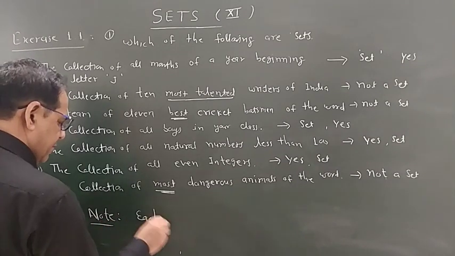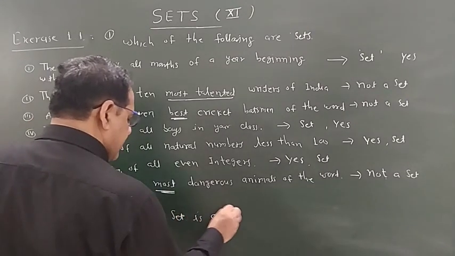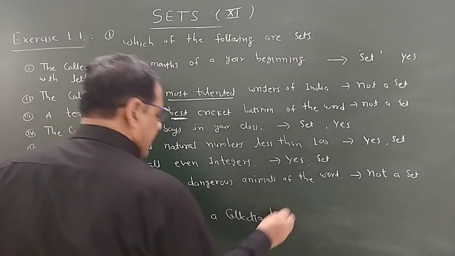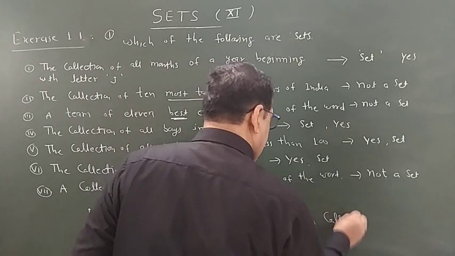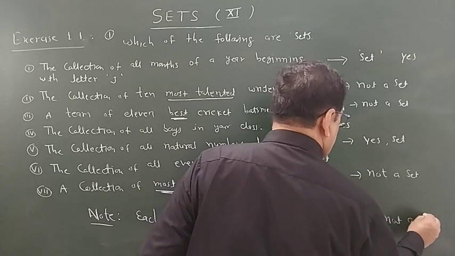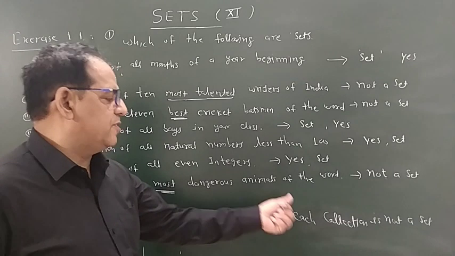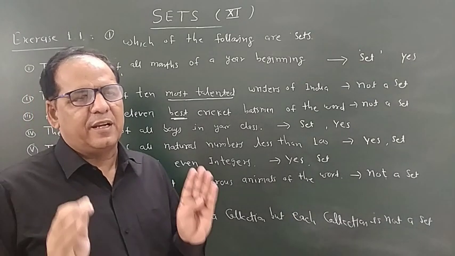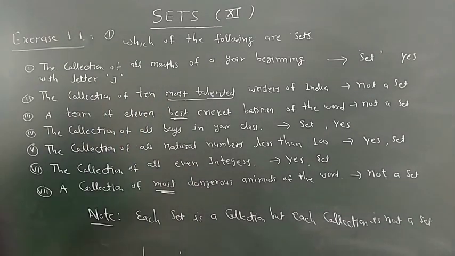Each set is a collection, but each collection is not a set. Only a well-defined collection comes in the category of set. Each collection does not come in the category of a set.